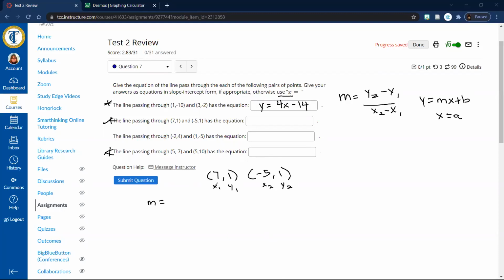And again, guys, you could switch the labels if you'd like. That's up to you. As long as when you put them in here, you're keeping with the same points. For instance, if I'm using this one first, then that -5 needs to be here to match the 1. Likewise, if I use the 1 here from this one, then the 7 needs to match it.